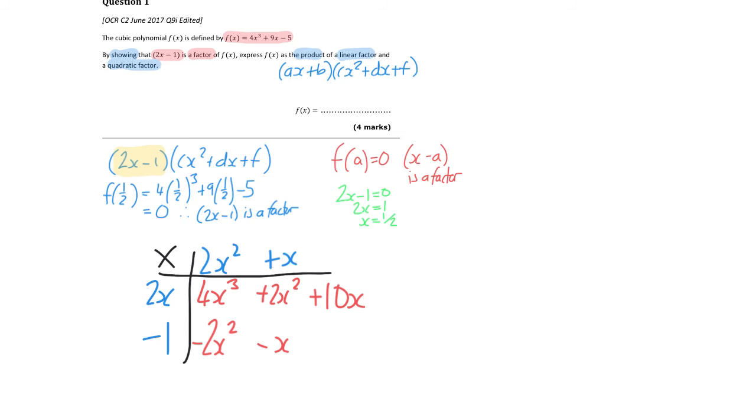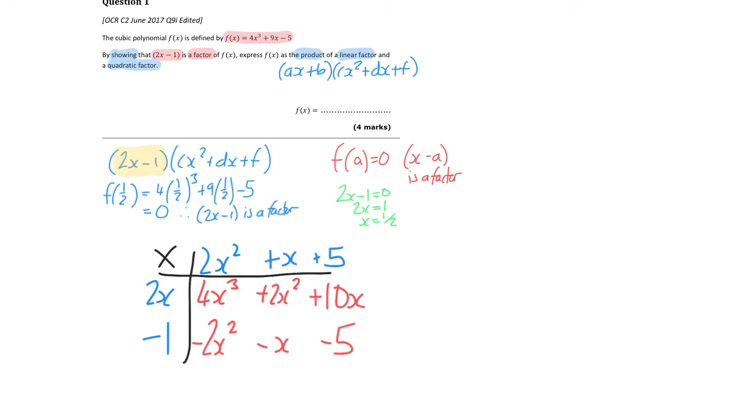And so now I say, what do I times 2x by to get 10x? Again, very quickly, we can see that's 5. I'm going to put a plus there to remind me it's positive. Now I can fill in that column. So 5 times minus 1 gives me minus 5. Because we know 2x minus 1 is a factor, I know that my final number here, the minus 5, should match with my final number in my cubic.